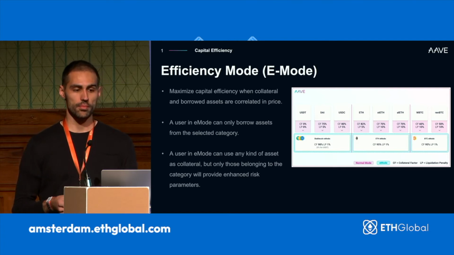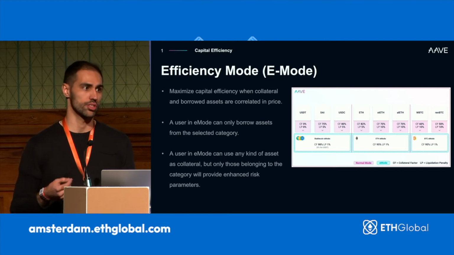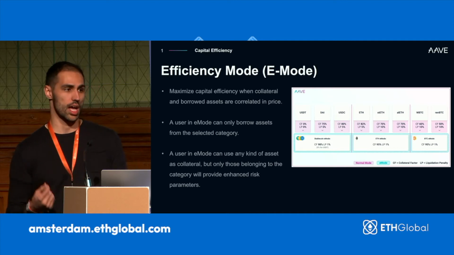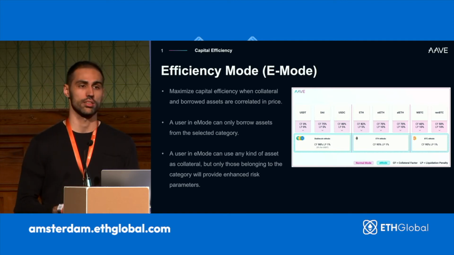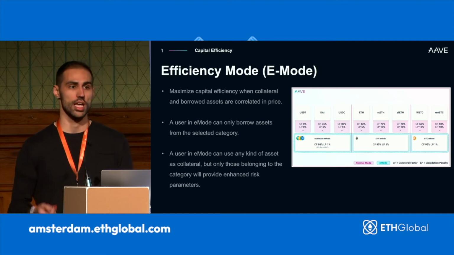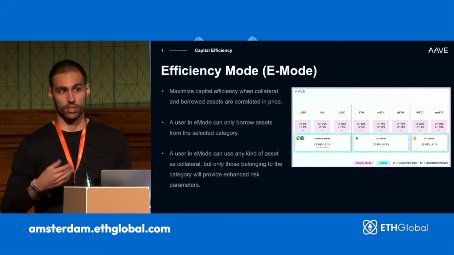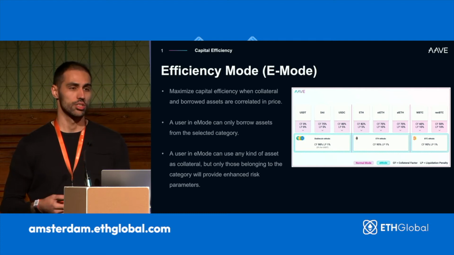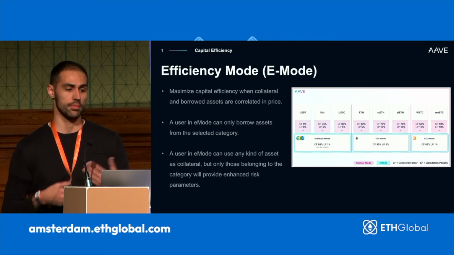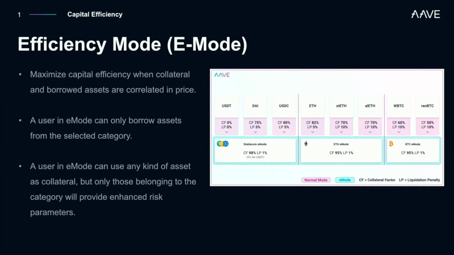As you can imagine, it's not the same having a user borrowing USDC against ETH than having the user borrowing USDC against DAI. The latter position is less risky for the user and also for the protocol. This is mainly because both assets are stablecoins, and also because those assets are correlated in price.